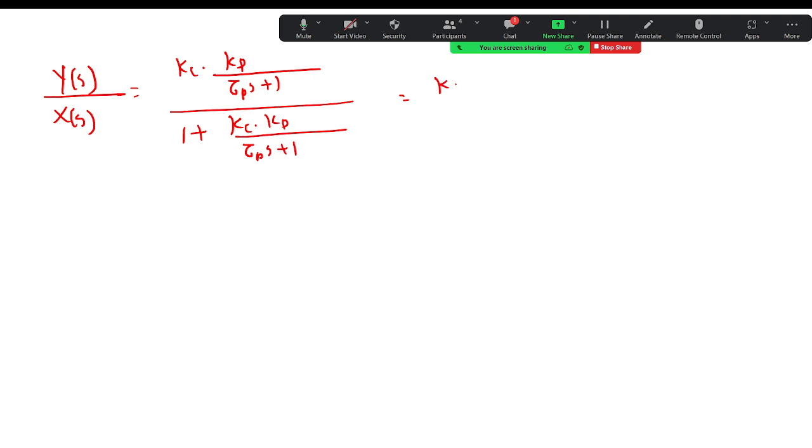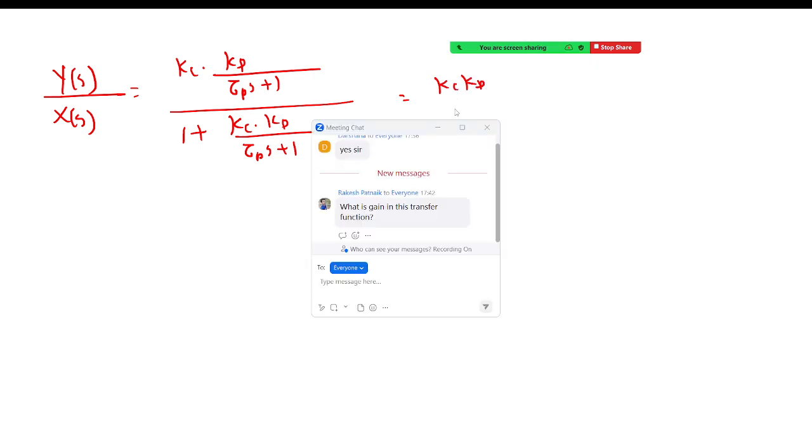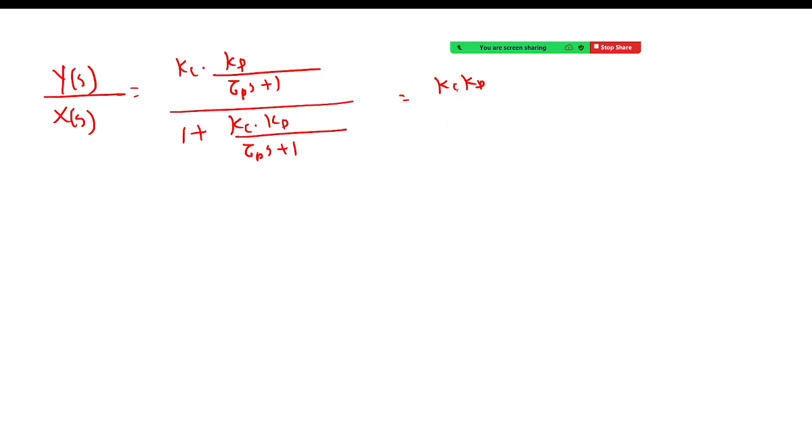After solving this, you will get the value of the gain over here: KpKc divided by tau P s plus 1 plus KpKc.